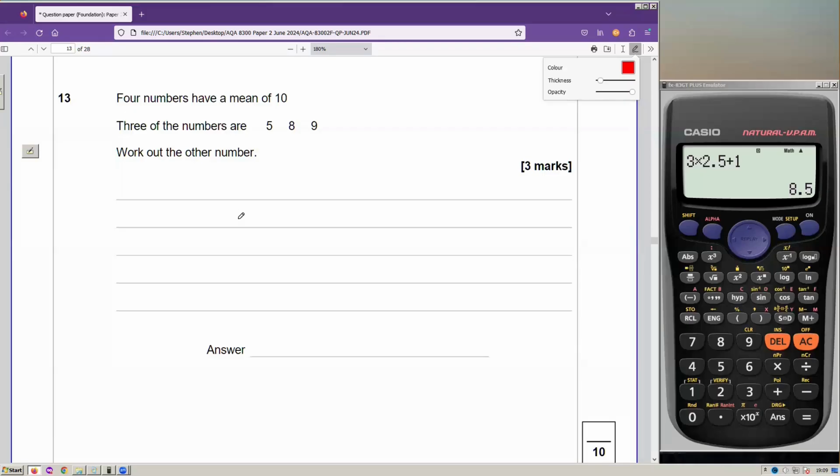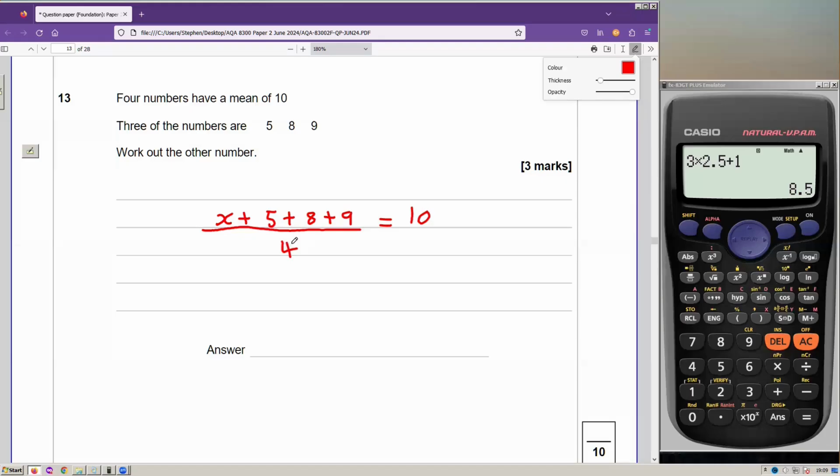So in this case, it's 5 plus 8 plus 9. And we call the other one x because we don't know what it is at the moment. That's divided by 4. And that equals 10 because that's the mean.